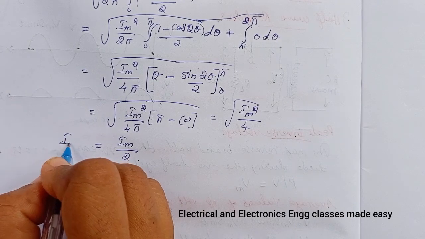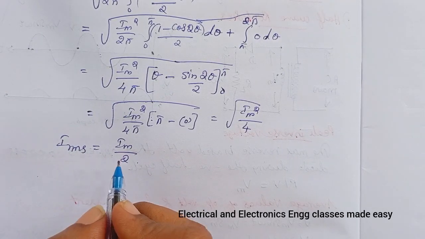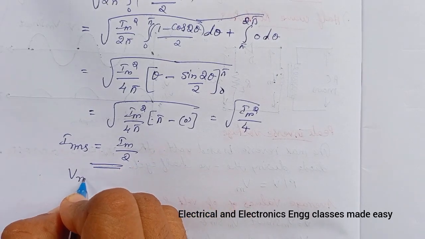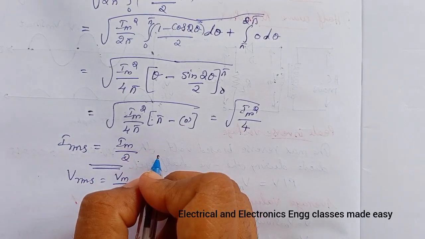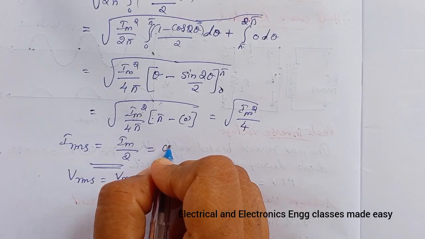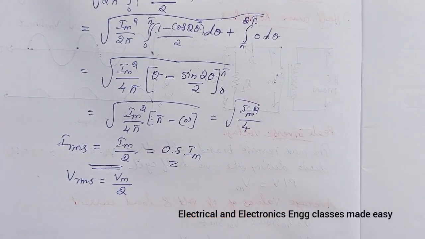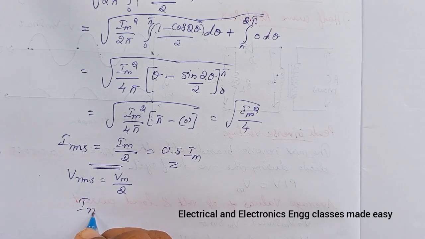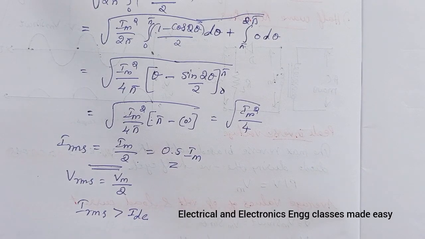So IRMS, the RMS value of the load current, is Im divided by 2. Also VRMS is equal to Vm divided by 2, and this is equal to 0.5 Im. And we can conclude that IRMS is greater than IDC.